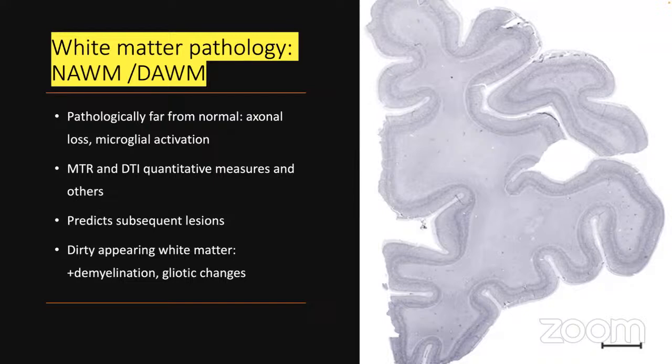Many techniques have been developed, but the most famous is the MTR, the magnetization transfer sequences, which are reflective of myelin integrity. They are not particularly picking up microglial activation, nor imaging the axons themselves, which is the real pathology. They are a surrogate to what's happening in the pathology. They detect myelin integrity, and they are able to reveal some microstructural damage in what looks like a normal scan.